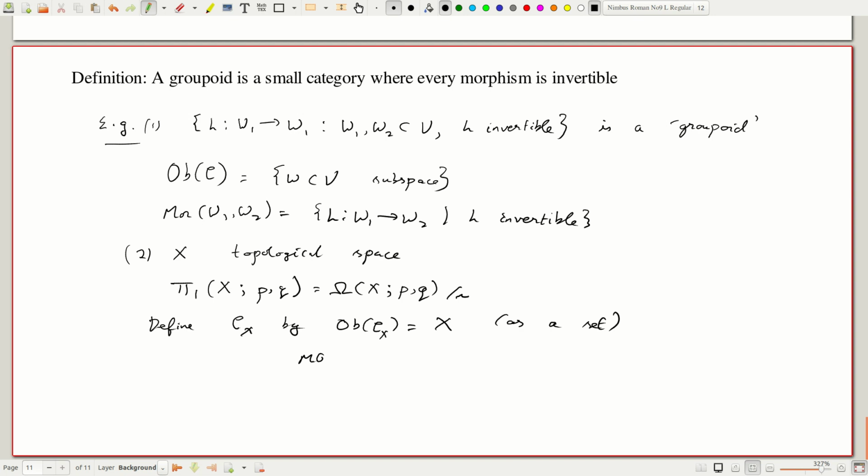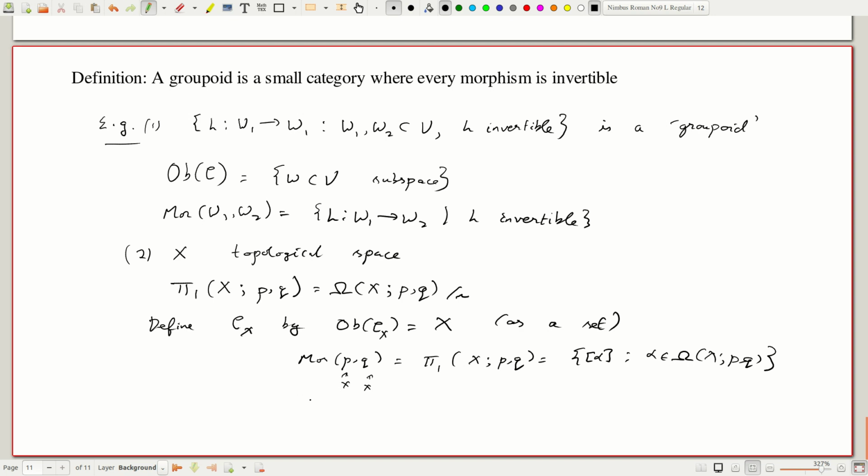And morphisms: if I look at morphisms from P to Q, remember P and Q are of course just points in X. We look at them as pi 1 of X, P, Q. That is, they are not paths but equivalence classes of paths. Okay, so this is the equivalence class of a path, where alpha belongs to omega of X; P, Q. And what we showed last time is exactly that.